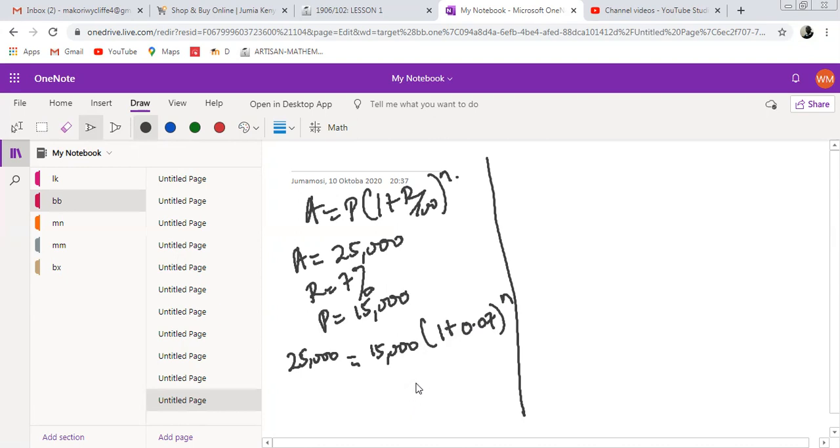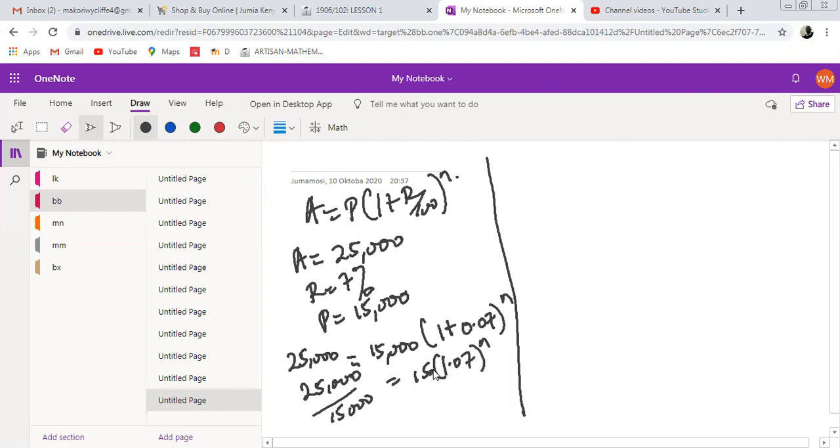So the first thing you'll be able to do is to divide both sides by 15,000 so that we remain with this part. So we are going to have 25,000 over 15,000 equal to 15,000 into 1 plus this. We can just go straight and put it as 1.07 power n.